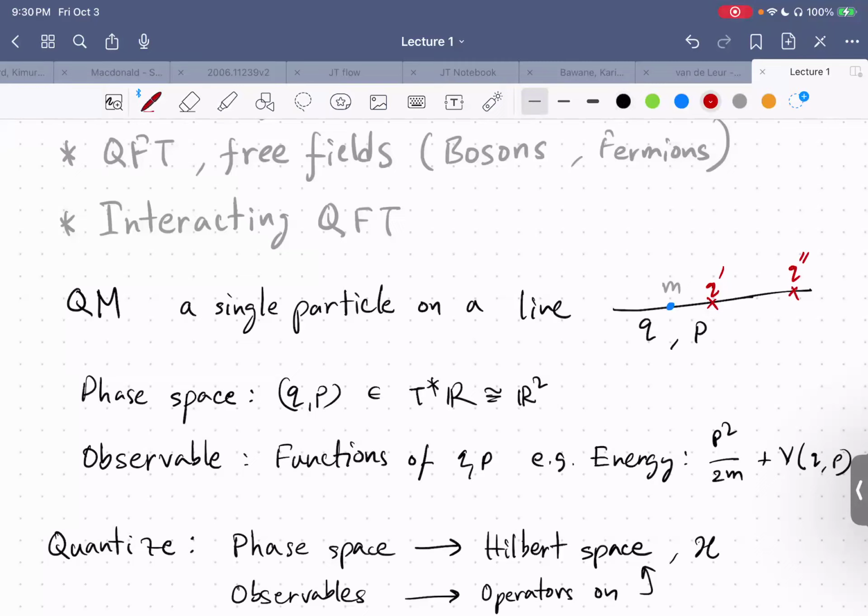And we want to know the transition amplitude that the particle goes from this point to this point within some time interval. So let's say the particle is at q prime at some time t prime, and we want to compute the amplitude that the particle goes from q prime to q double prime in time t double prime minus t prime.